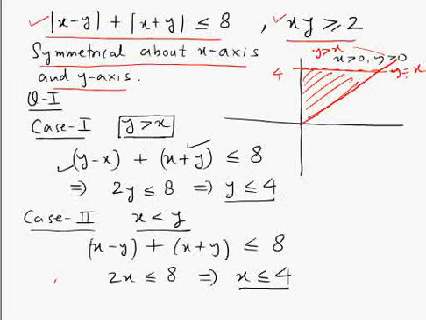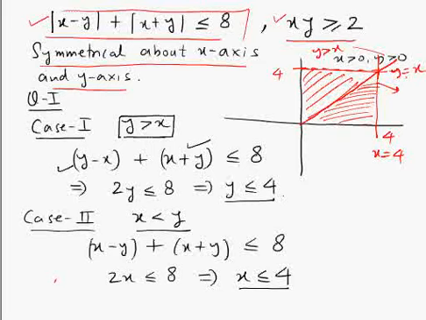Similarly, when we take y less than x, it means we are below this line in the first quadrant, and we have to plot x less than or equal to 4. This is the x equals 4 line, and x less than or equal to 4 means on the left of this. So this is the region. Now you can see in the first quadrant, this inequality is representing the area of a square.